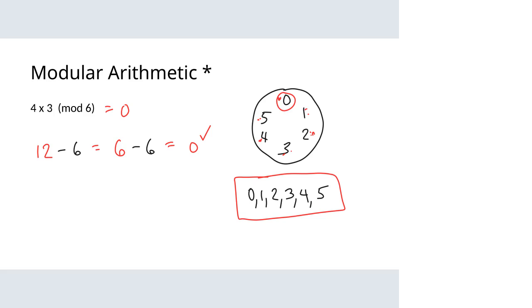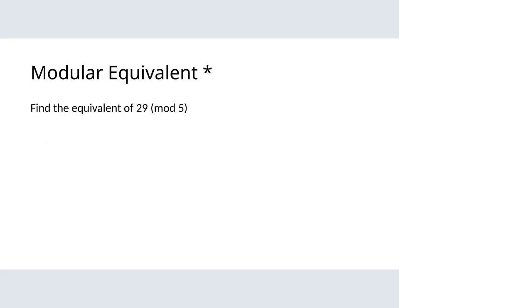Let's try one more. Find the equivalent of 29 mod 5. There are a couple different ways you can go here on this one, so we may talk about this one a few different ways after you have it.